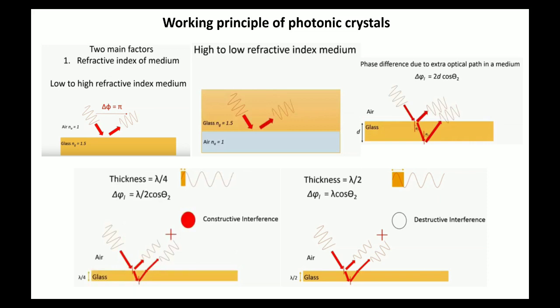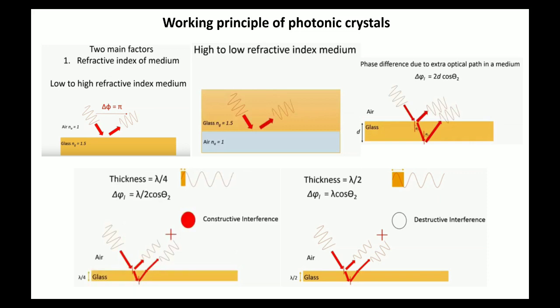We are getting a constructive interference, so we will get some color, represented with this red colored circle.